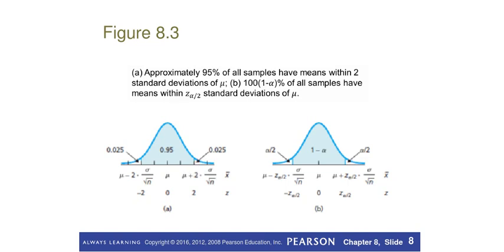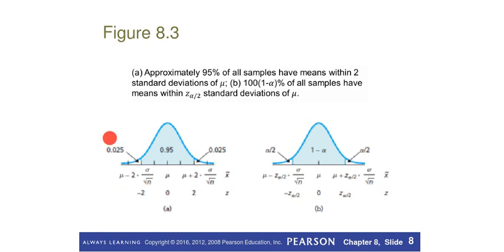Right here we see where the population mean, mu, is going to be in the sampling distribution of the population. Recall, we take 2 times the standard deviation divided by the square root of the sample size, and if we add or subtract that, we see what's going to happen.